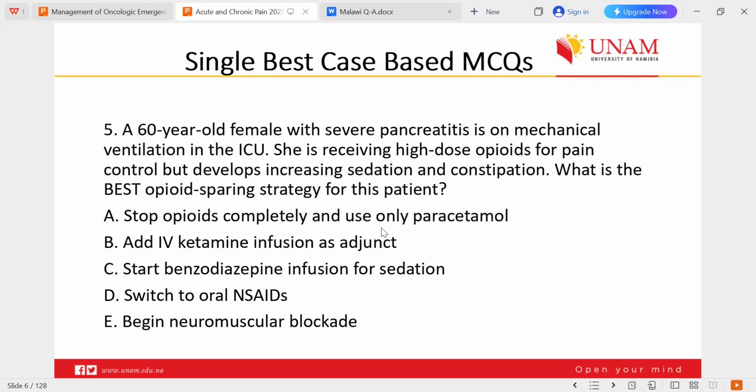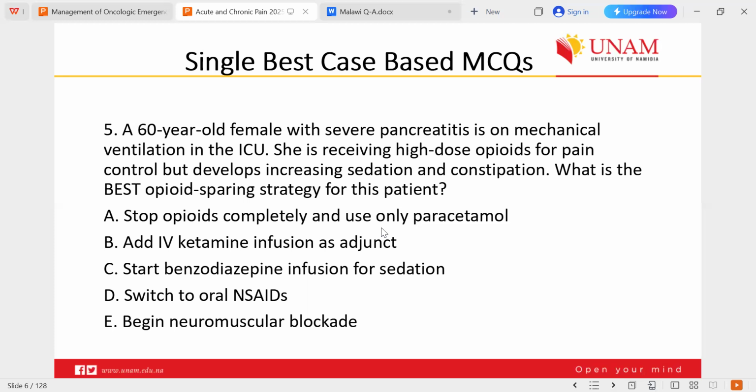Any other answer apart from A? B. B is correct. I'll take B. B is correct. All right.